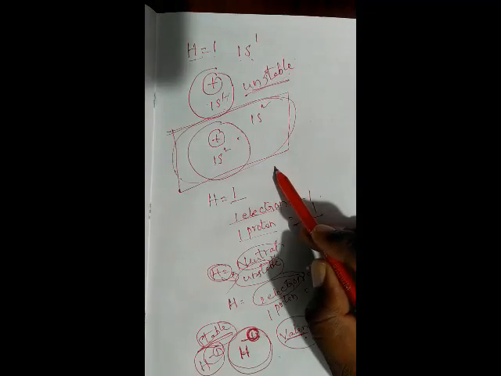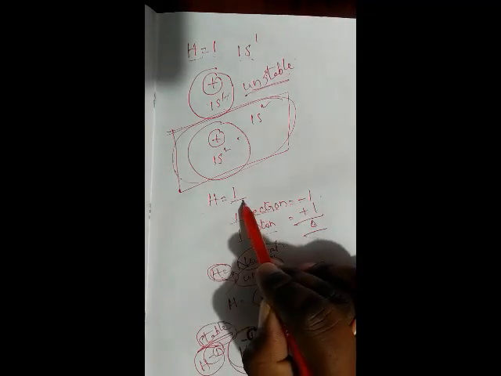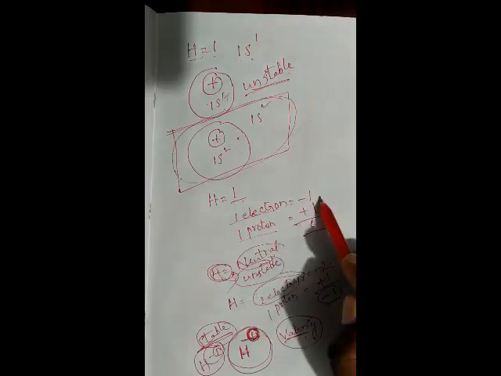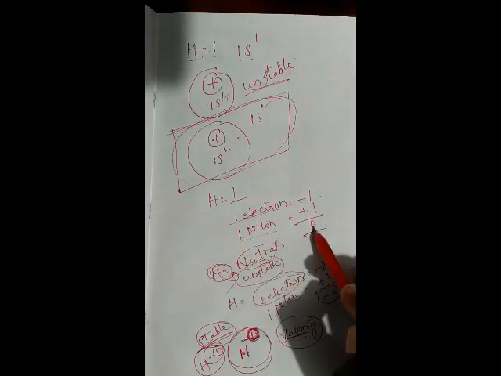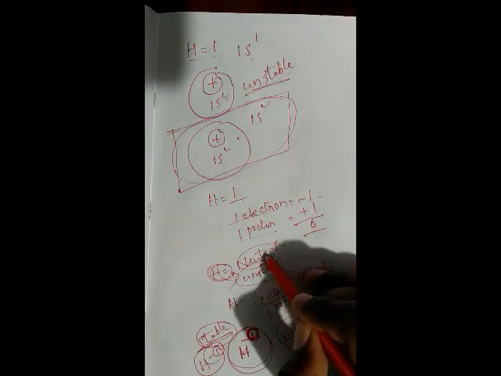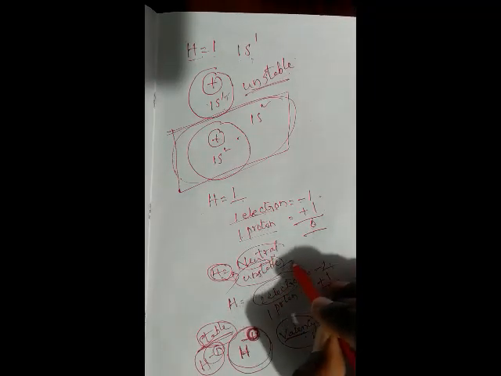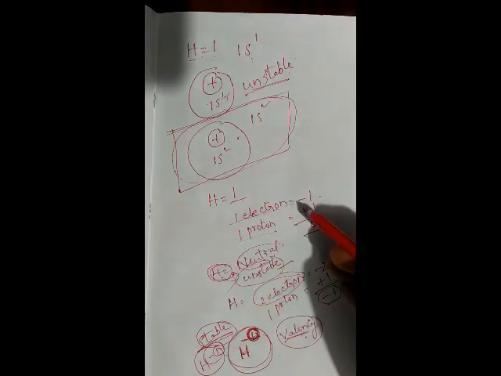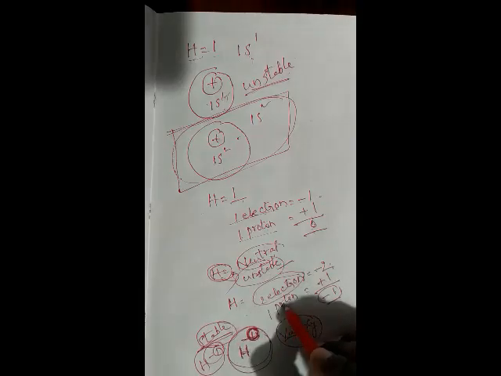Before gaining that electron, hydrogen atomic number is 1. That means it contains one electron, so minus 1. It contains one proton, so plus 1, so total 0. This 0 indicates hydrogen is a neutral atom. All neutral atoms are unstable. Now for getting stability, hydrogen gains one electron.